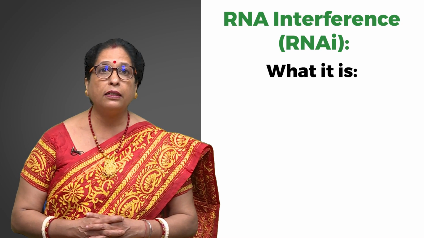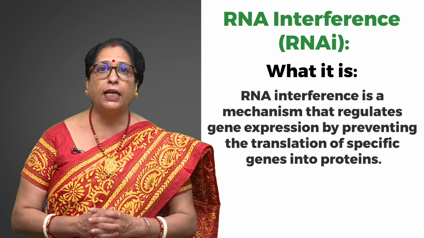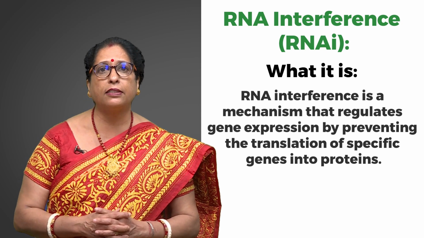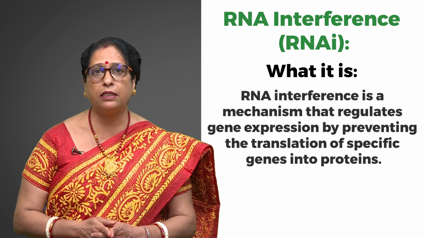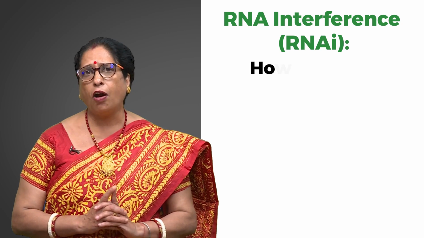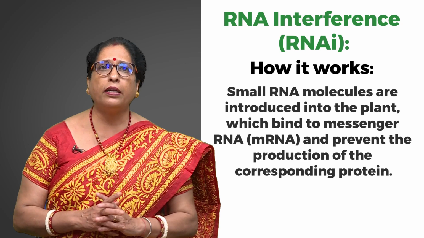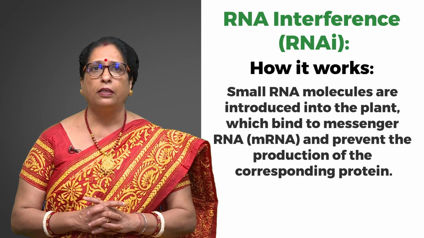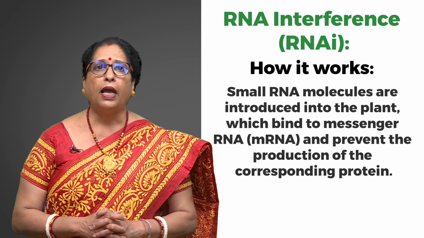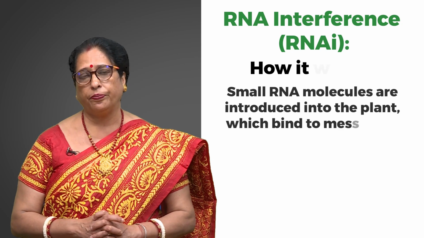Then RNA interference, RNAi. What is RNAi? RNA interference is a mechanism that regulates gene expression by preventing the translation of specific genes into protein. If you see how it works, small RNA molecules are introduced into the plant which bind to messenger RNA, or mRNA, and prevent the production of the corresponding protein.